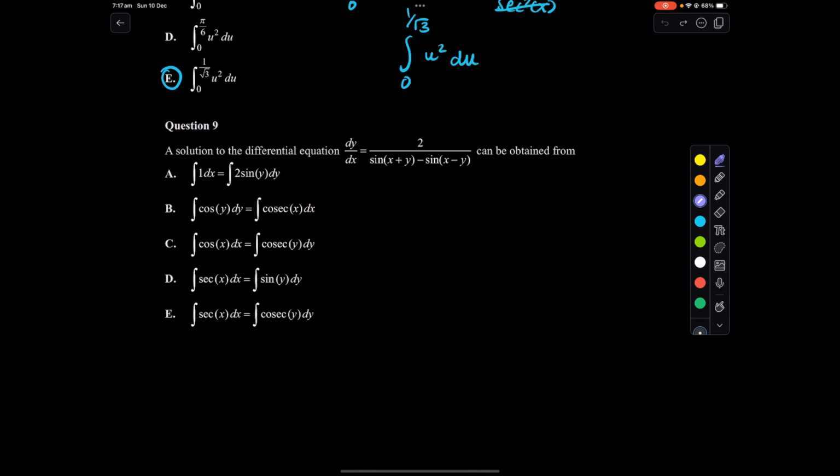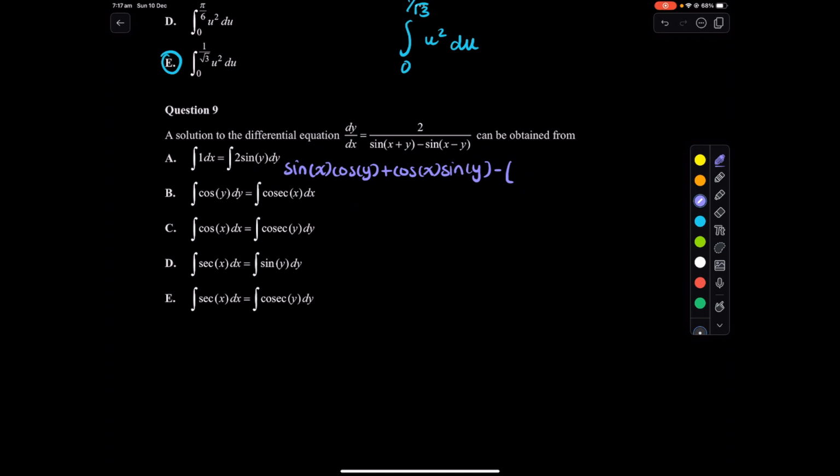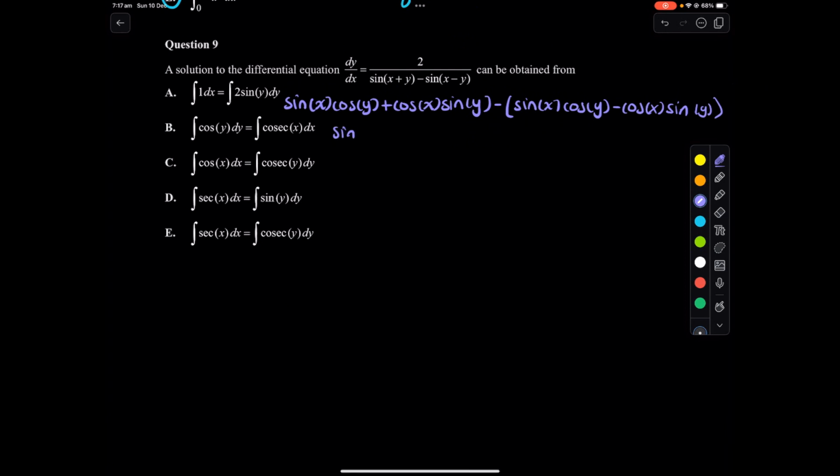So sine (x plus y), what's that? We know sine (x plus y) is just sine of x cos of y plus cos of x sine of y, and minus sine (x minus y), which is going to be sine of x cos of y minus cos of x sine of y, which is just sine of x cos of y plus cos of x sine of y minus sine of x cos of y plus cos of x sine of y.